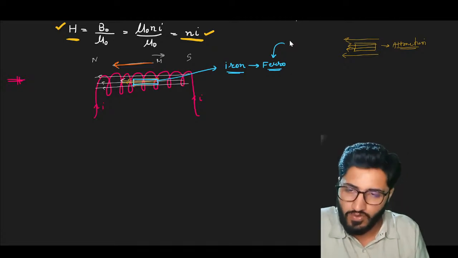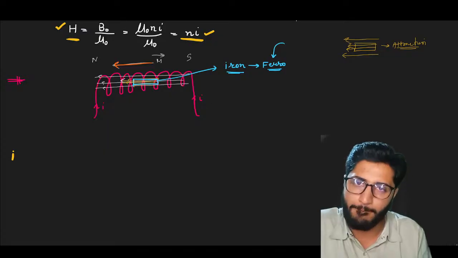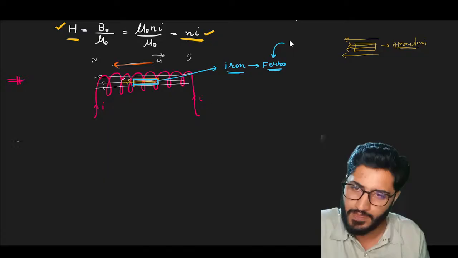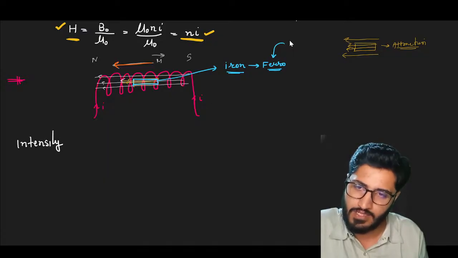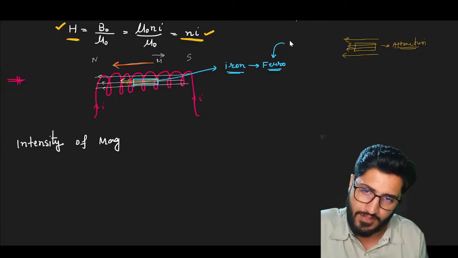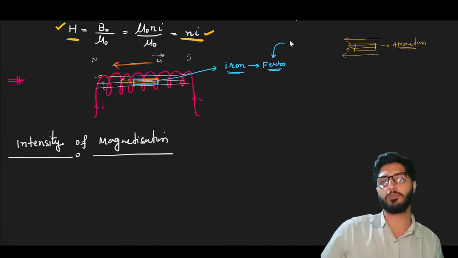Now we will define a term known as intensity of magnetization. That is, up to what extent this ferromagnetic material would get magnetic properties.